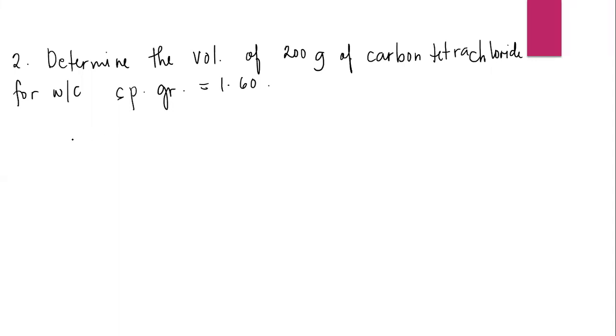The formula for the specific gravity is equal to mass density of the carbon tetrachloride over the density of the water. Okay. We have the value of the specific gravity, which is 1.6. 1.6 is equal to the density of the carbon tetrachloride over the density of the water.